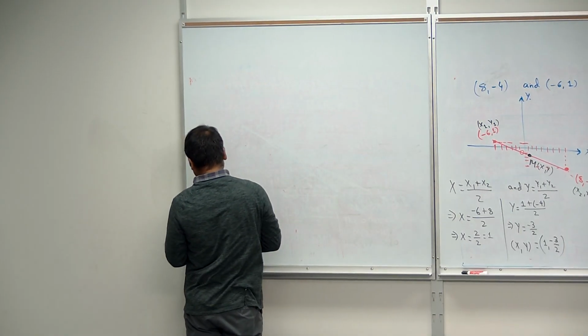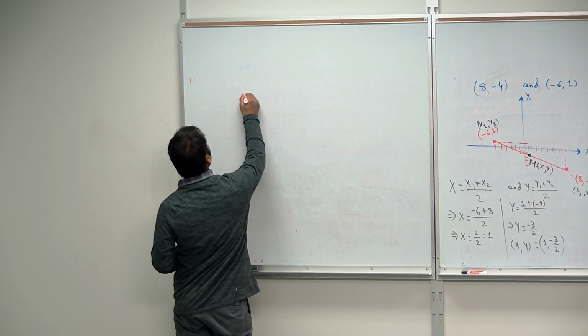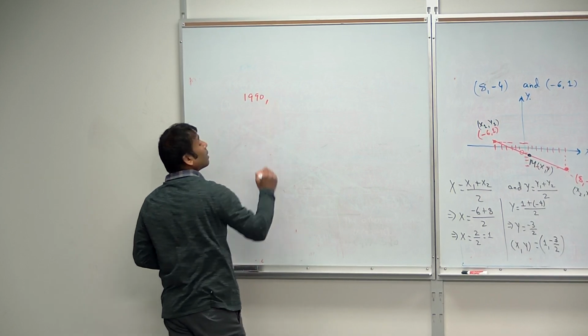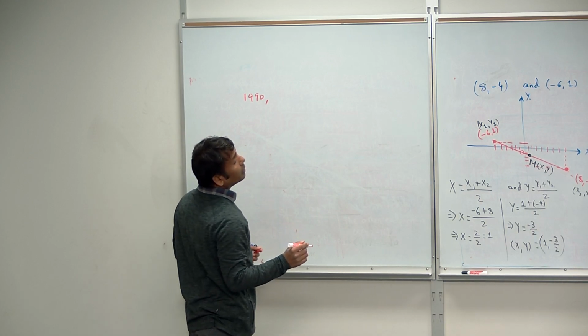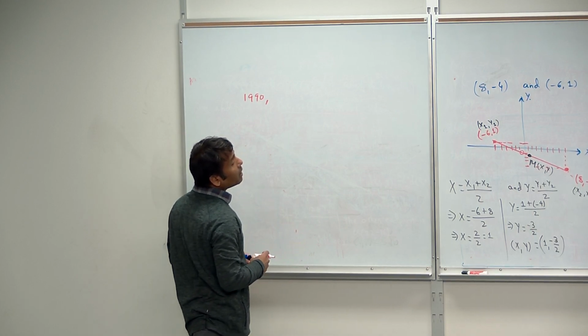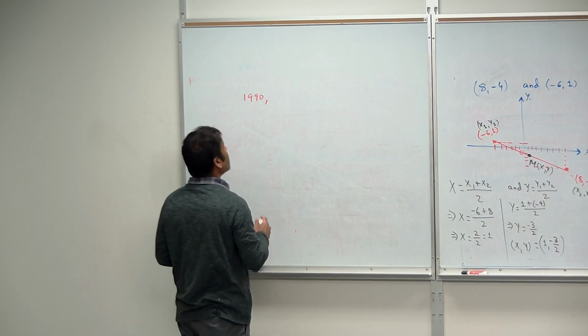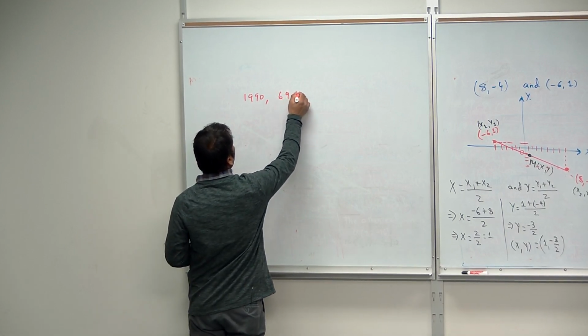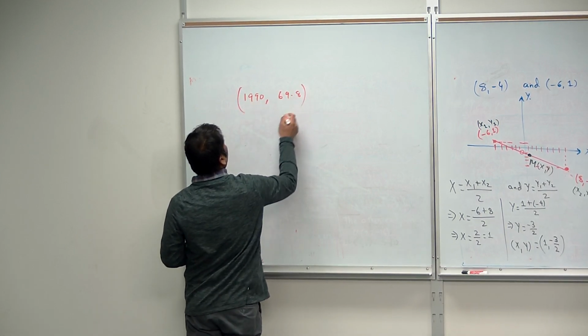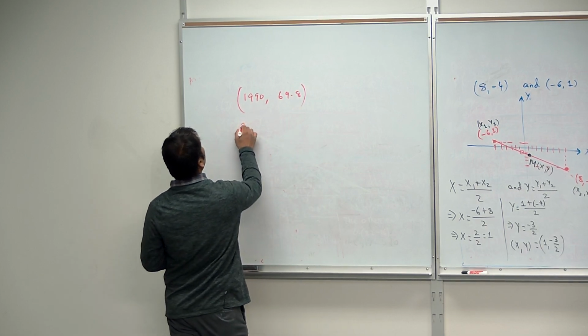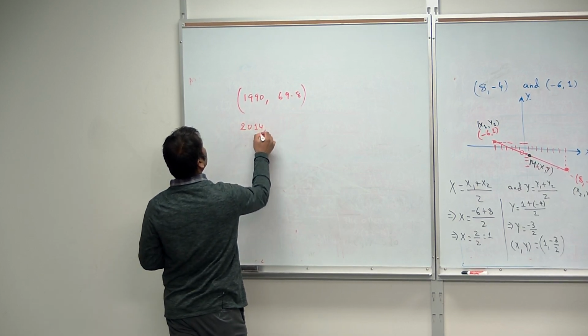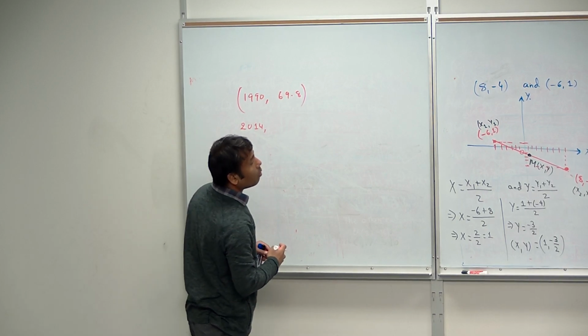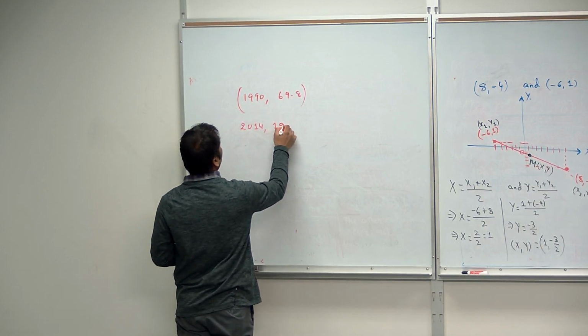So you see we have 2 points. And in 2014, how much is the revenue generated? 195.1 billion.